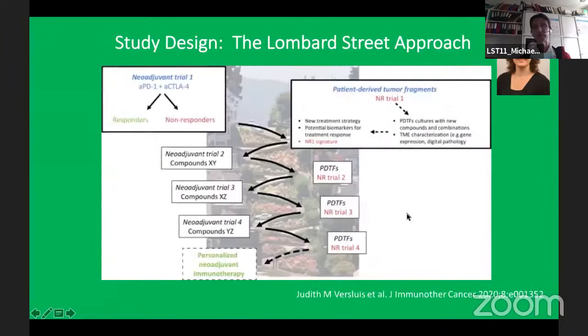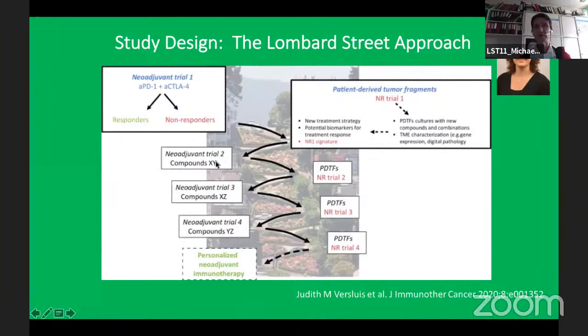A further study design, which she really promoted, starts in this case with a neoadjuvant trial, which means giving the chemotherapy before the surgery, and then you have responders and non-responders. The responders are fine, and you keep treating them. But for the non-responders, you take small pieces of the tumor, make a short-term tumor culture, and then test other drugs or drug combinations.